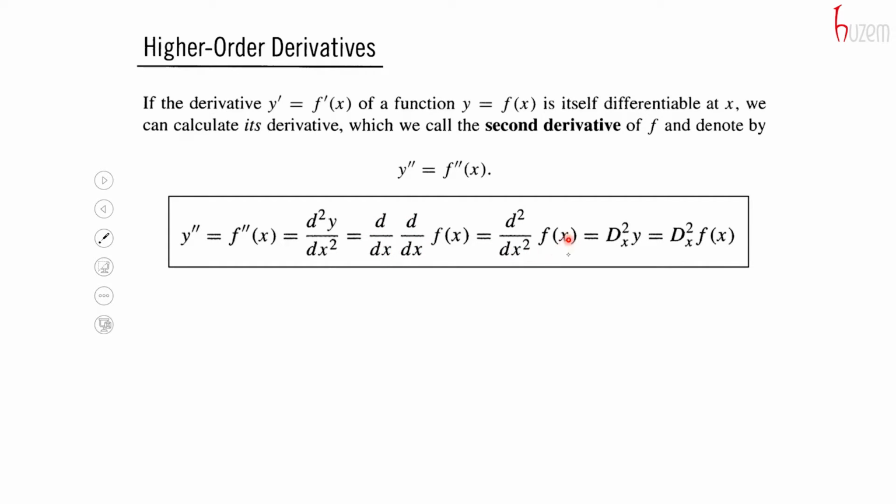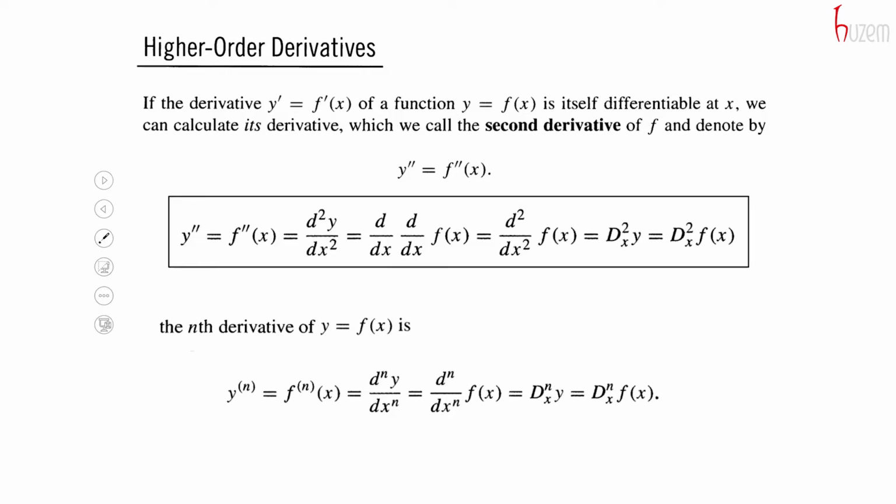So this is also a notation. Or instead, we can use capital D squared sub x of y, or D squared sub x of f(x). All can be used, and we've mostly used y double prime or f double prime or this notation. These are more common.